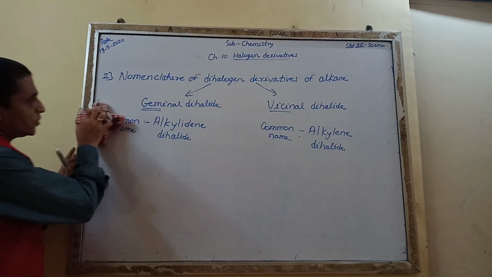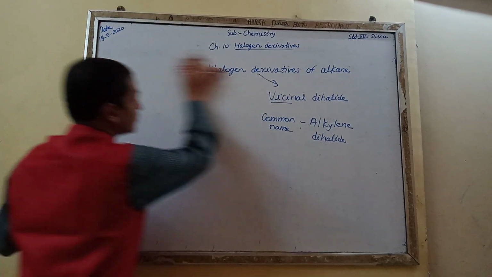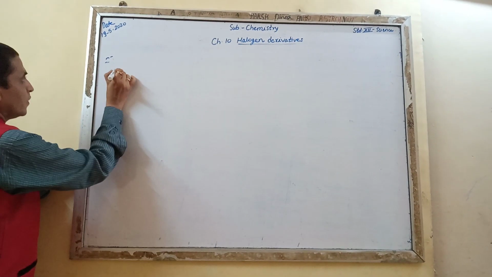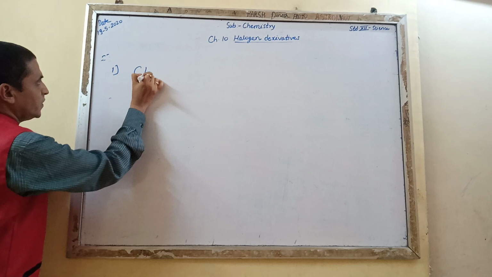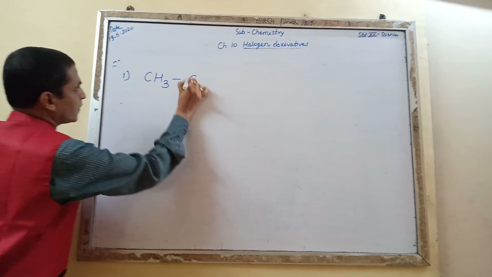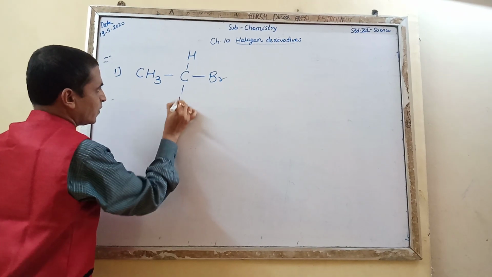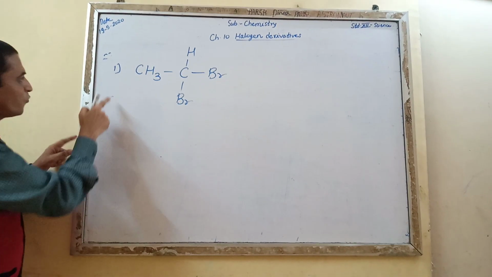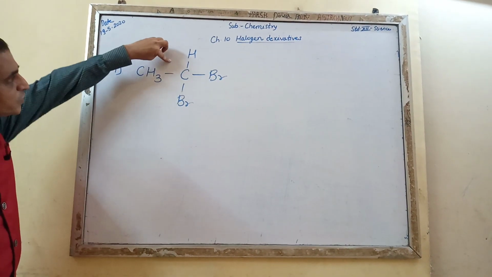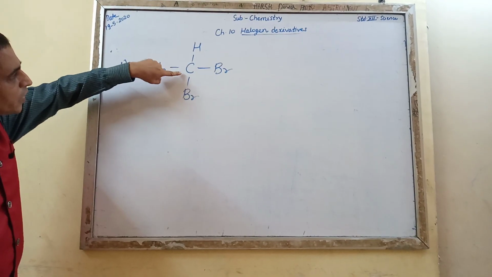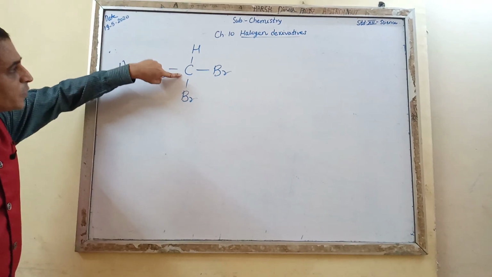Okay, we'll start with the structures. The first structure is CH3CHBr2. For this, first you identify whether it is geminal or vicinal. See here, both the halogen atoms are attached to the same carbon atom.